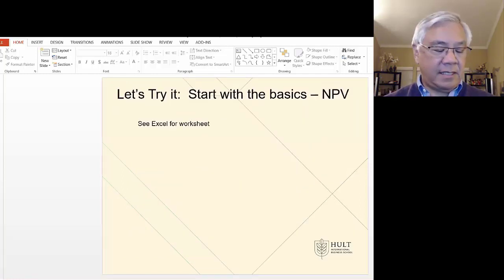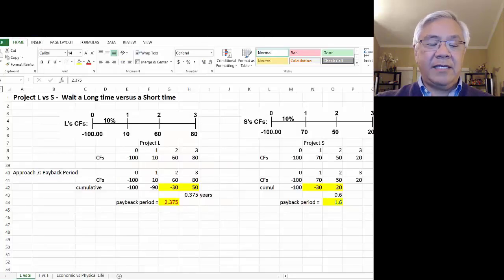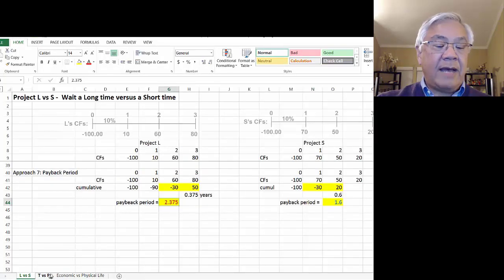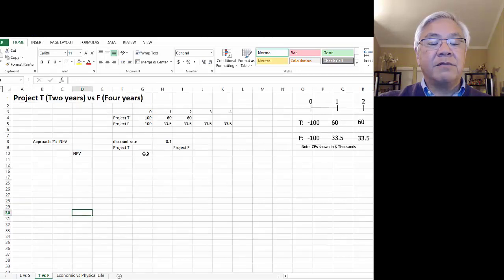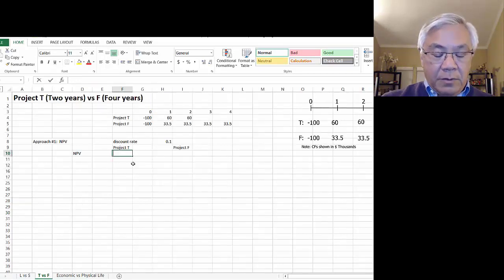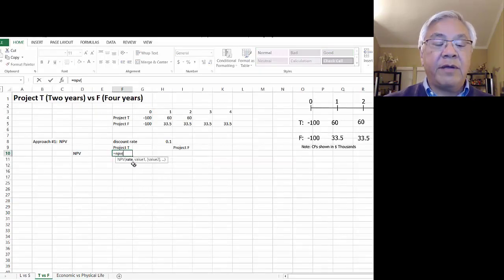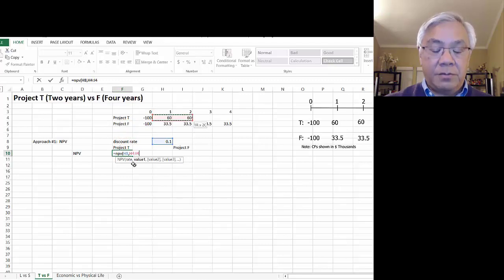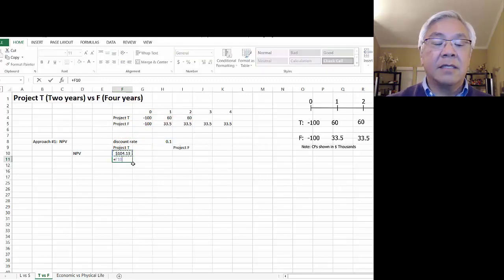Let's start with basics and do an NPV in this case. On this next tab, let's do it for project T: equals NPV, open parens, discount rate is 10%, comma, and go out to T1 and 2. Outlay is $100, and NPV is that plus that, or $4.